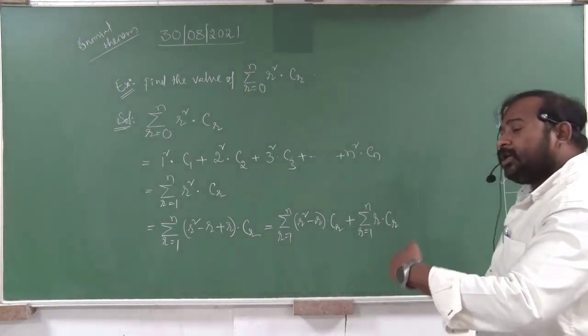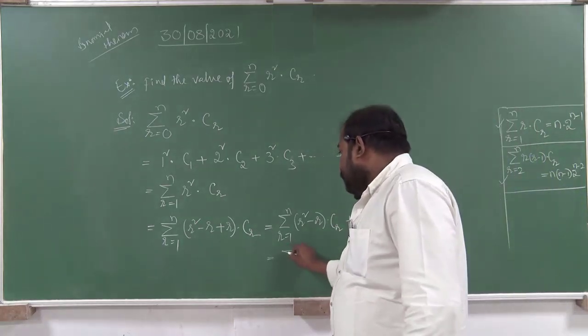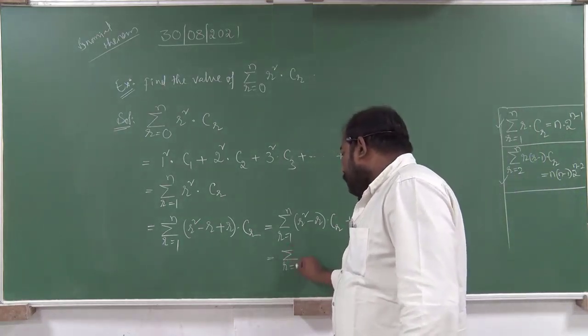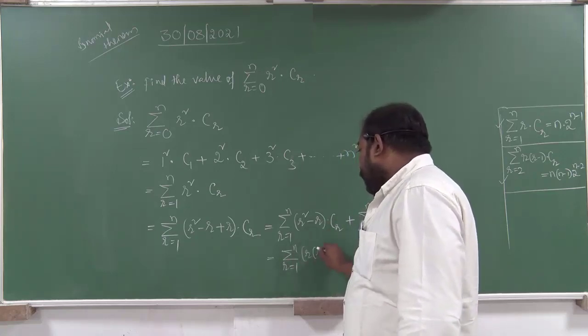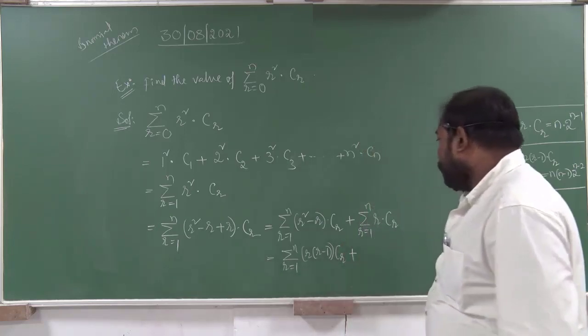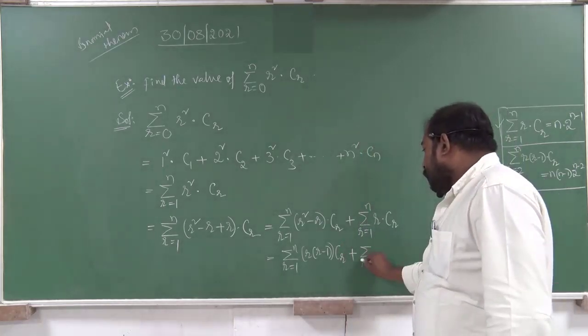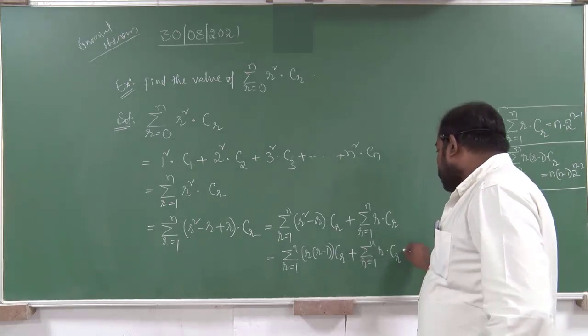Now this value I can write as sigma r is equal to 1 to n of r into r minus 1 into Cr, first value, plus sigma r is equal to 1 to n of r into Cr.